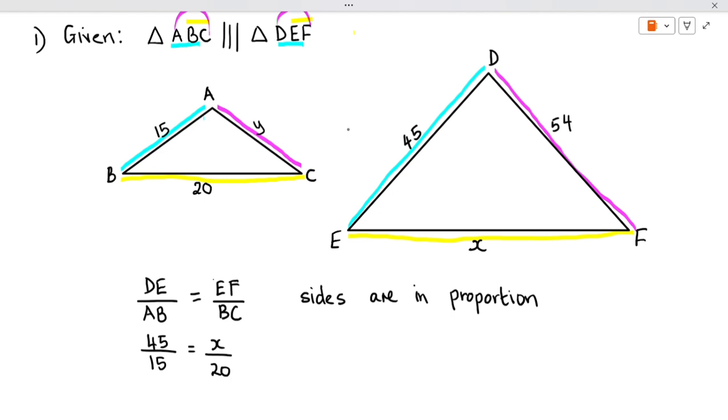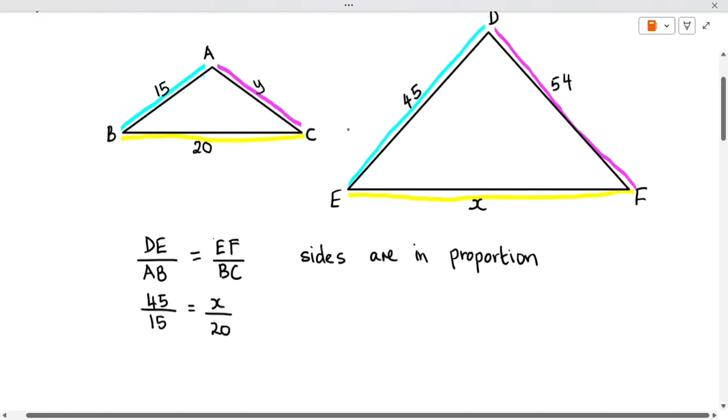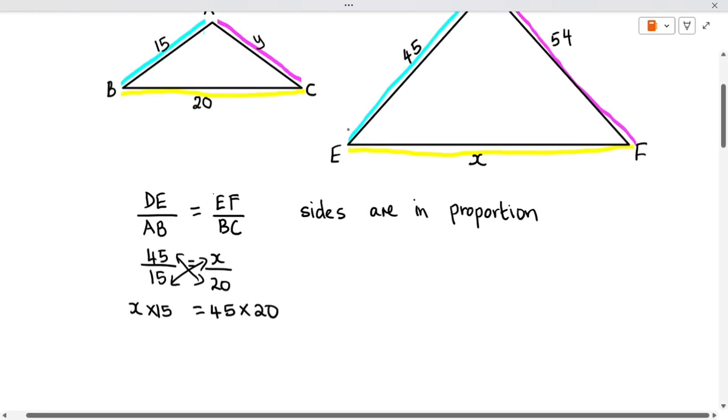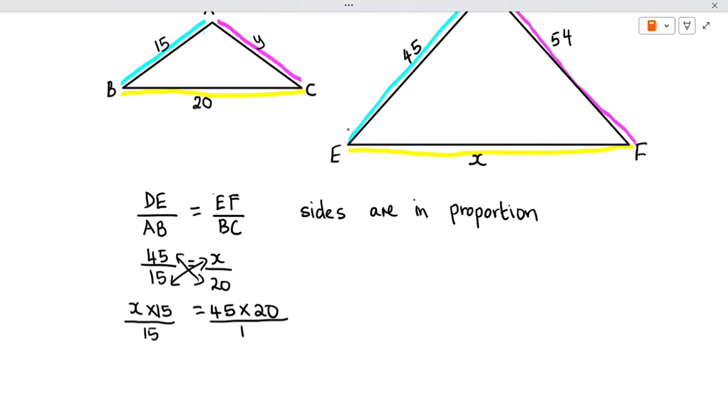And here we could cross multiply. X times 15 is equal to 45 times 20. And then you divide both sides by 15, and here you're going to have X is equal to 45 times 20 divided by 15.